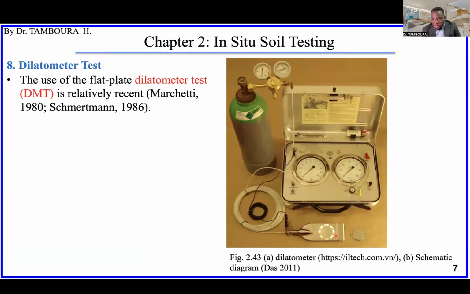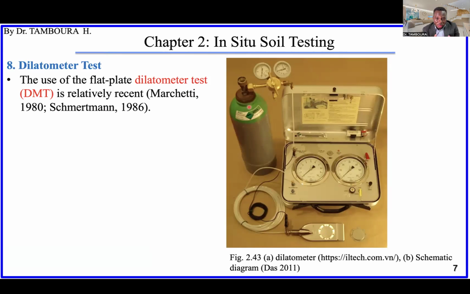This is actually the dilatometer, and these are the equipment going with it. For example, this is the gas, the source of our pressure.